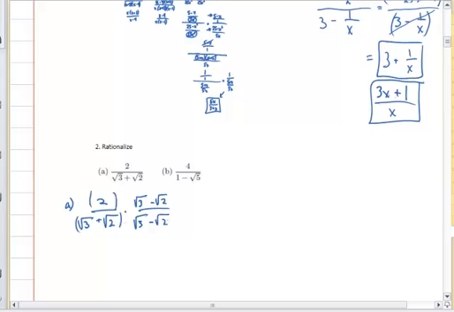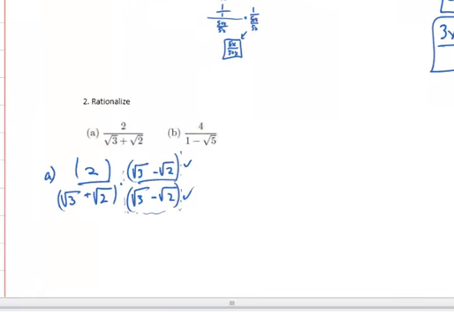So in the bottom, you should notice I've chosen the conjugate, but I've got to multiply top and bottom by the conjugate of the denominator, because essentially this quantity here is only equal to 1, so I'm not changing the value of the first fraction I started with.